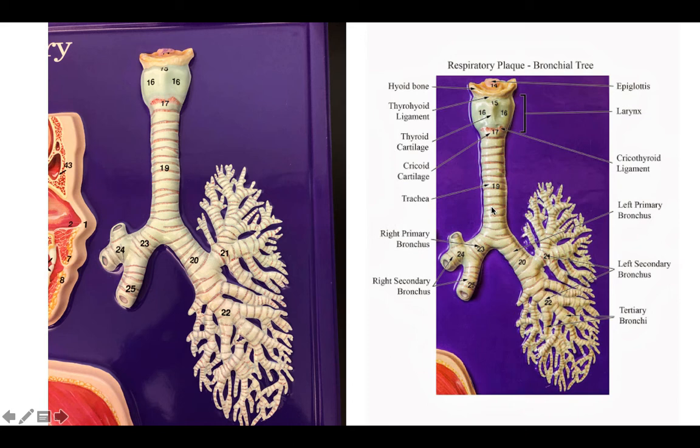What's important is that between these tracheal rings, there's a muscle called the trachealis muscle that is going to connect the two ends of the tracheal ring in the back. You can't see that in this image because they are just showing an anterior view of it. But again, that trachealis muscle is going to connect the two ends of the C-shaped tracheal cartilage in the back.